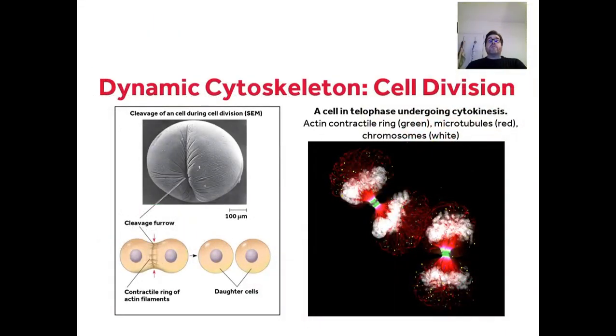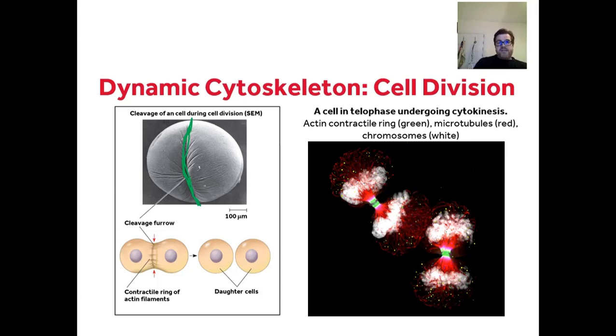So let's talk about cell division in a little bit more detail. So what we're seeing in these pictures here is a cell under a scanning electron microscope, and we can see the cleavage furrow here, which is the beginning of the cell separating into two new daughter cells.